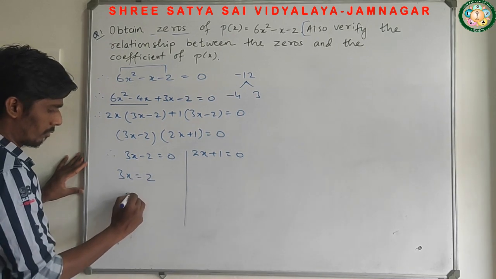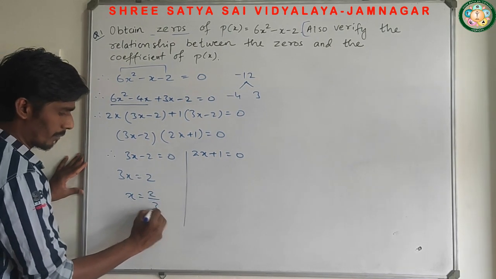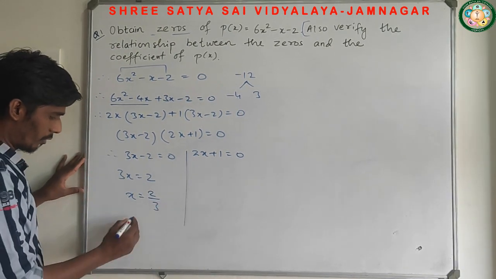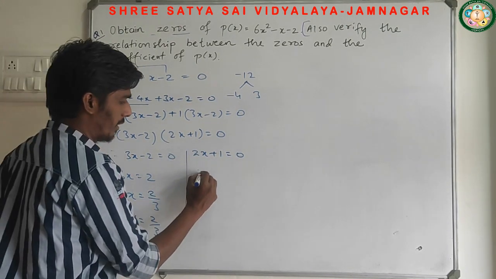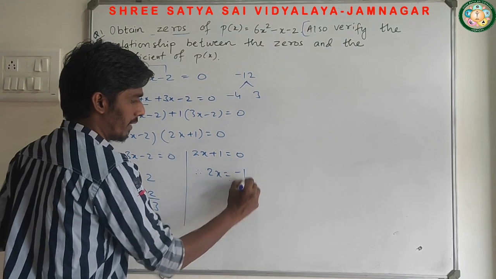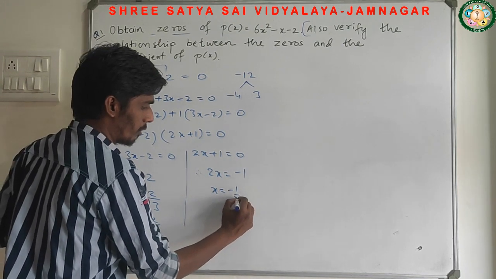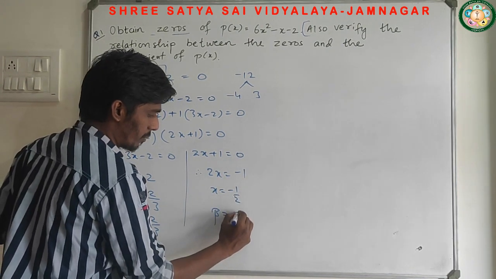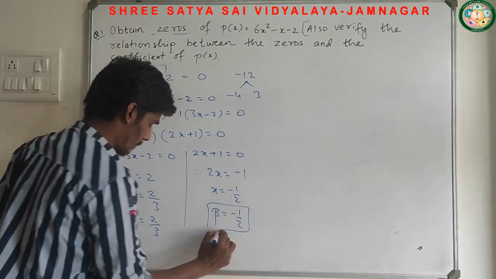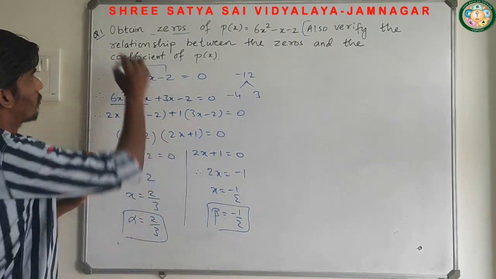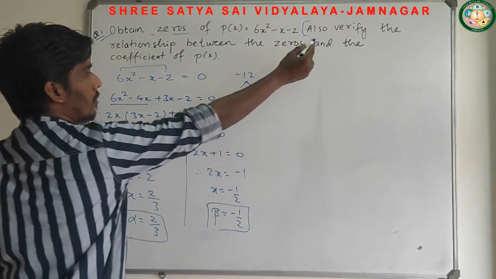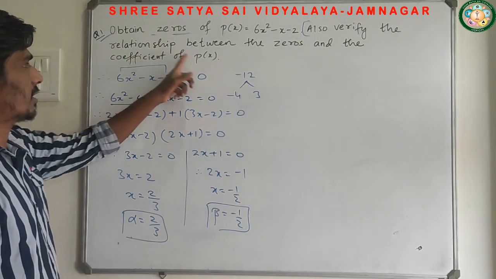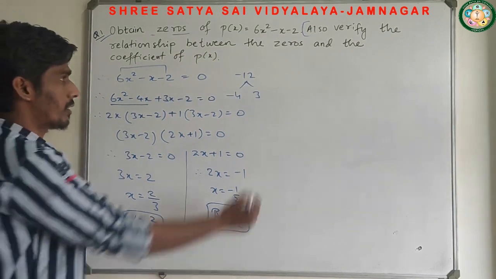Therefore 3x minus 2 equals 0 or 2x plus 1 equals 0. 3x equals 2, x equals 2 by 3. So it means this is our alpha, which is 2 by 3. Similarly here 2x equals minus 1, x equals minus 1 by 2. So we can say that beta is minus 1 by 2. So after this, our first question is complete, to obtain zeros. Now we have to verify the relationship between zeros and coefficients.